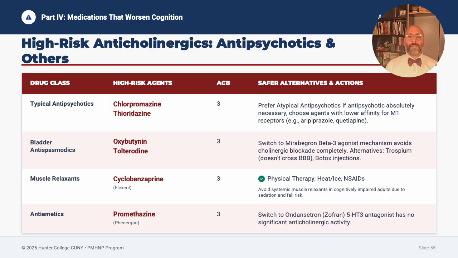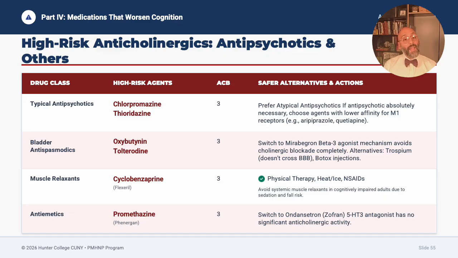Next, bladder antispasmodics. Oxybutynin and tolterodine are classic offenders. These are extremely common, often prescribed by other clinicians and frequently missed. Mirabegron avoids cholinergic blockade entirely, so that's a nice option. Trospium is another option because it does not cross the blood-brain barrier.